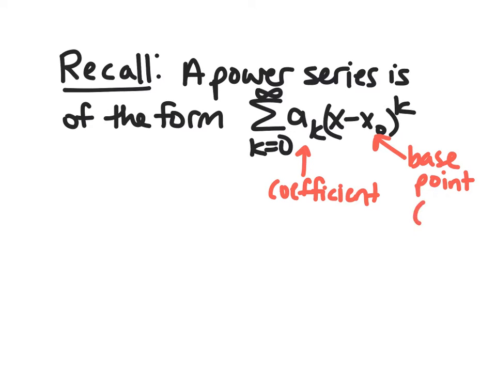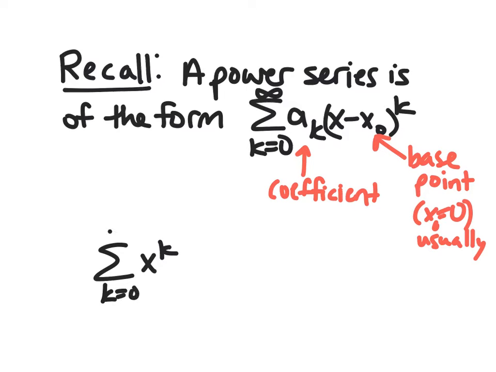Most of the time we like to have x naught be 0, but not always. So I'll just say usually here. A nice example was to take all of the monomials of the form x to the k and add them up.